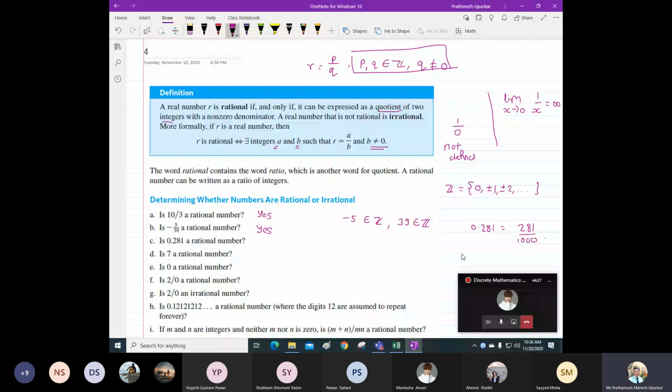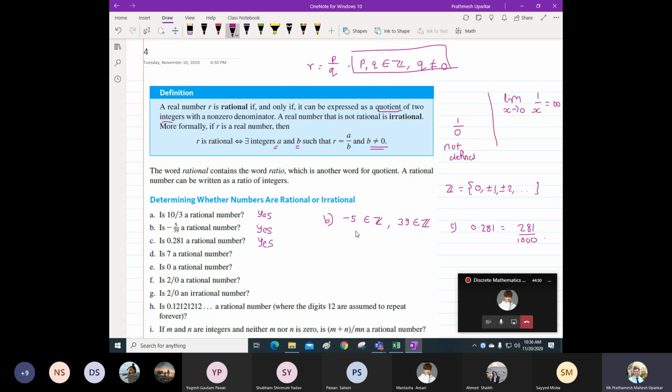Are you getting 0.281? Yes, sir. So this is in the form of a by b, where a is equal to 281, b is equal to 1000. Both are integers. Therefore, this number is also a rational number.